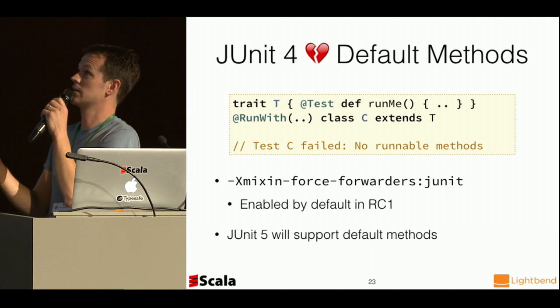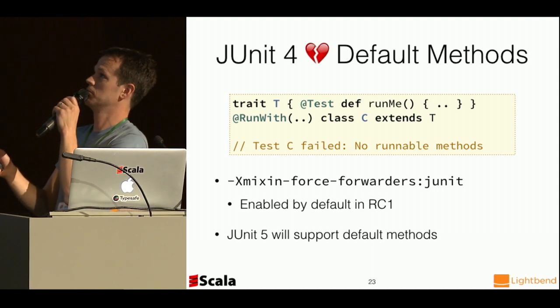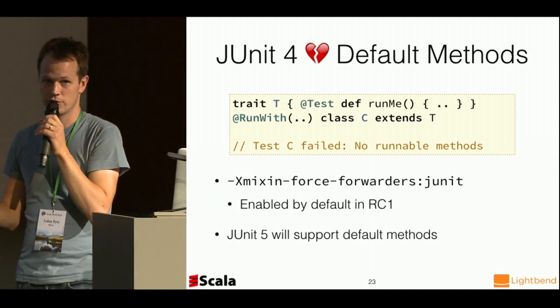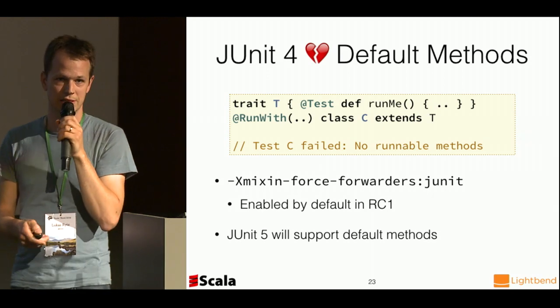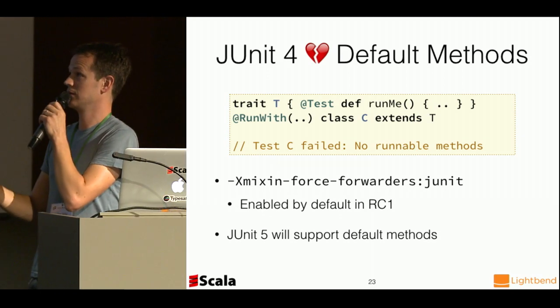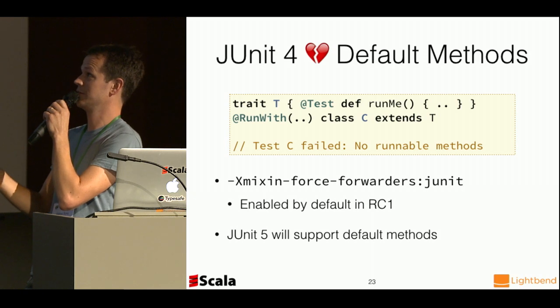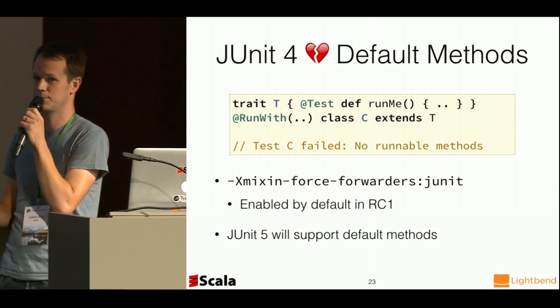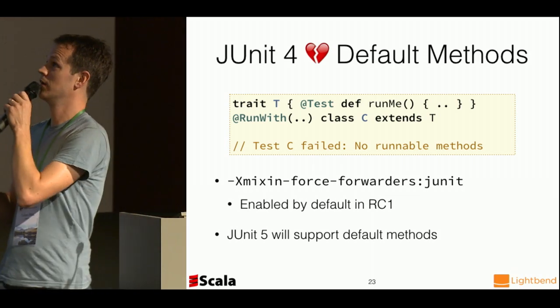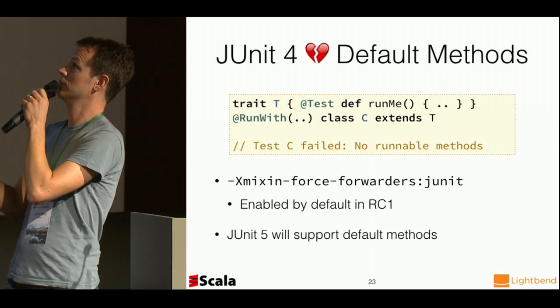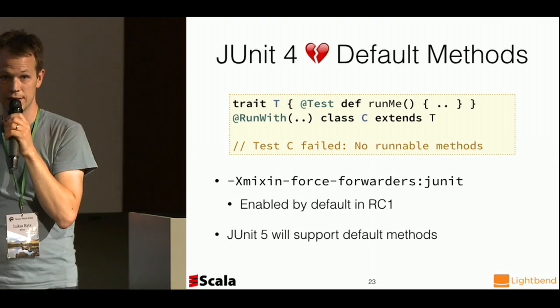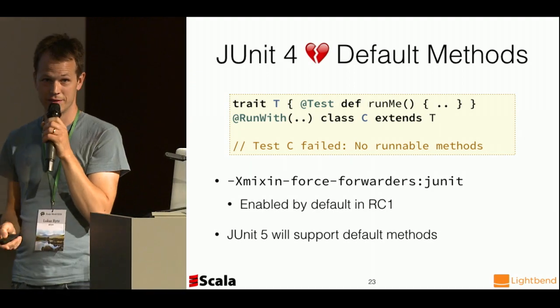And if class C doesn't have a method, a test method here, it will not find it. So we basically have a flag at the compiler level. By default, its value is JUnit. That means the forwarders in class C, the forwarder to the test method, will be automatically added, and JUnit 4 will be happy.